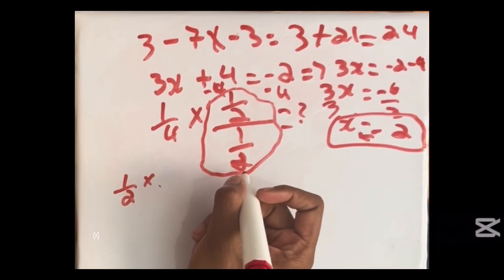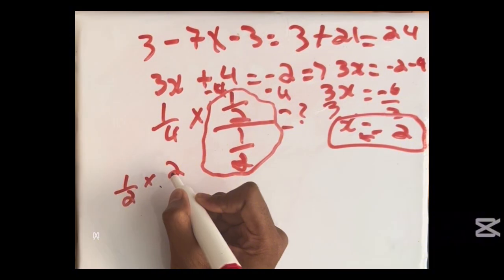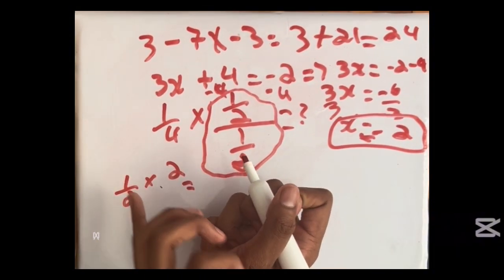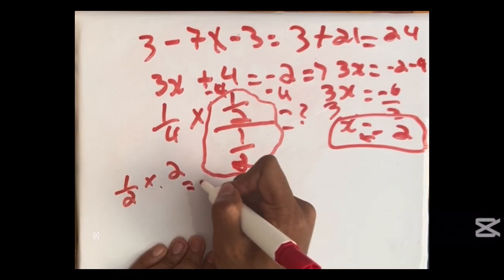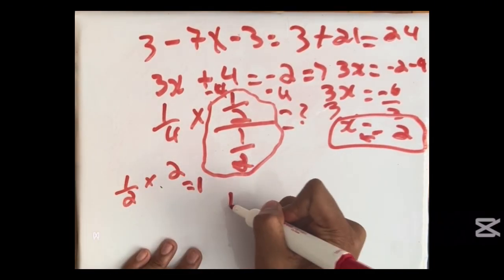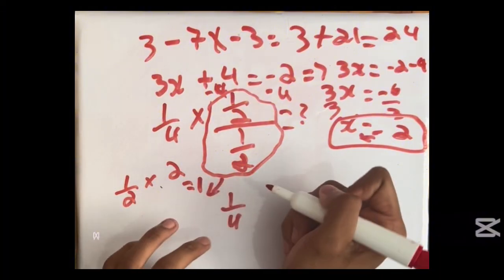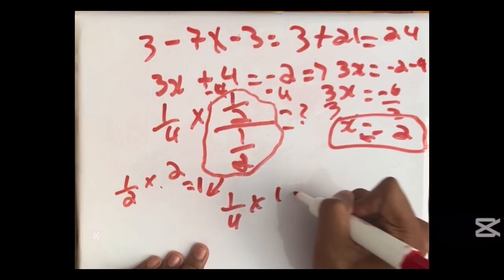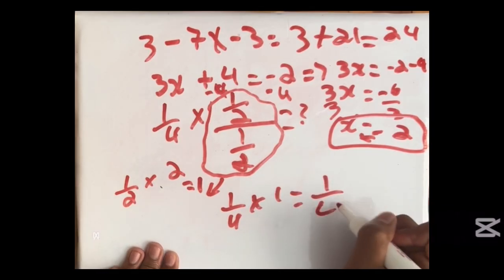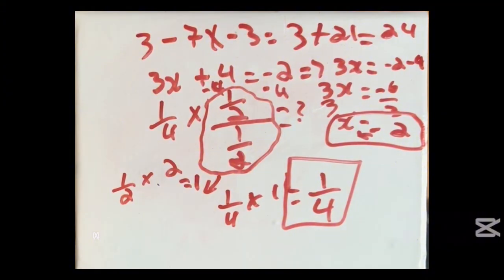So it's going to equal 2 times 1, which is 2 over 2, which equals 1. Since this becomes 1, we multiply 1/4 by 1, and 1 times 1 equals 1 over 4. And that's it. That's it for today.